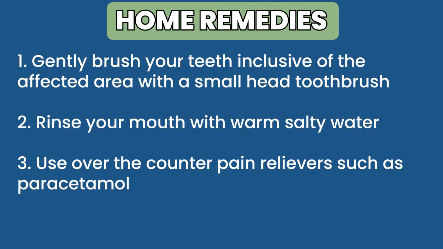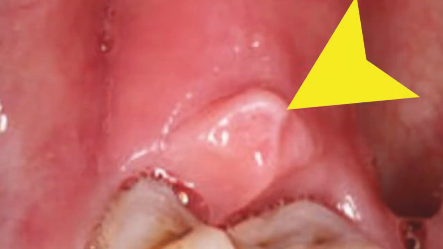That being said, the complications of pericoronitis in many circumstances are rare. If it is your lower tooth that is having pericoronitis, or even your upper last tooth, the infection is likely to spread to your head and neck area.